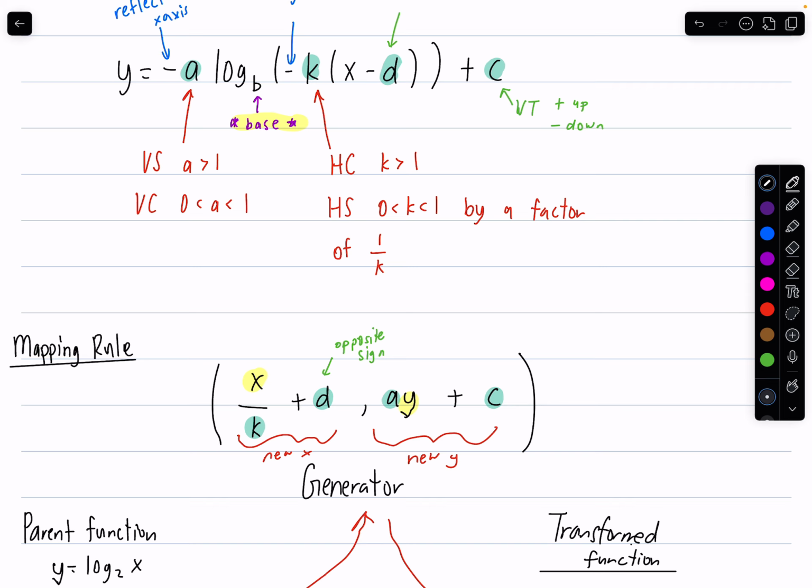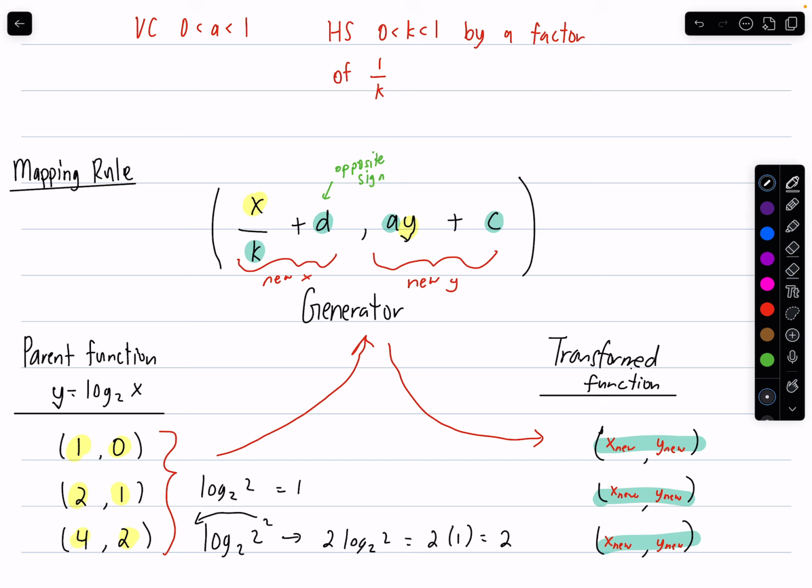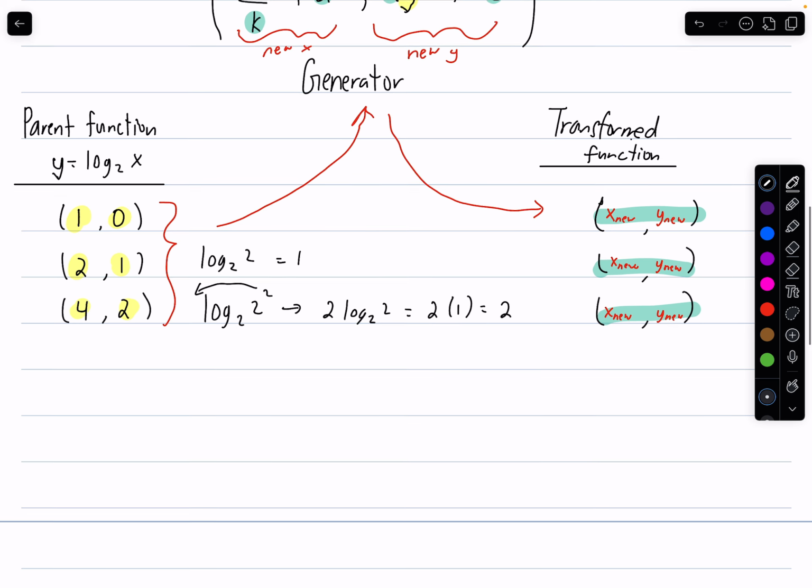So I would take 3 points from the parent function, plug them into my generator, and then spit out 3 new points for the transform function. Once I get the 3 new points, I'm just going to plot and connect the dots. And that is essentially the concept of how we do transformations in logarithmic functions.